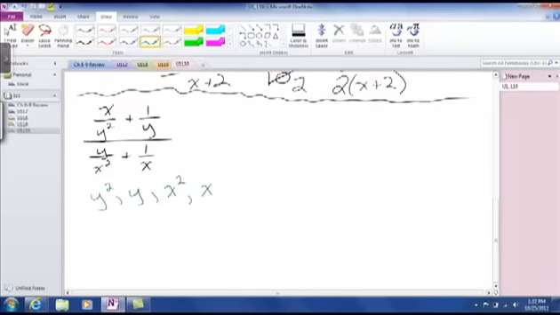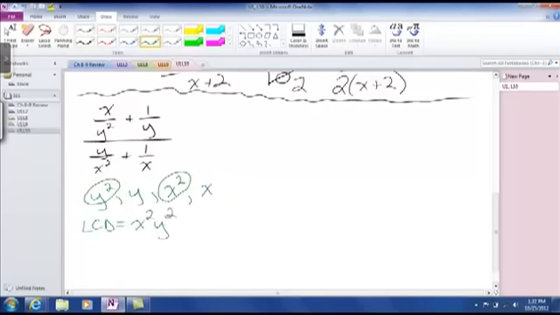Well, it's going to have at least 2 y's in it, because of this y squared. It can't go into y, it has to be at least y squared. And because of this x squared, it's got to have 2 x's. So my least common denominator is x squared y squared. Think about it for a second.